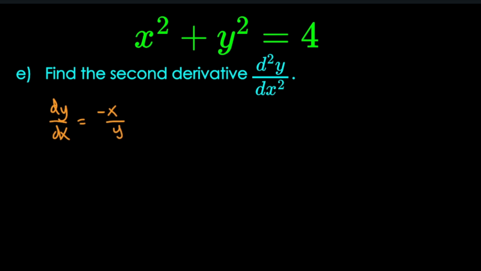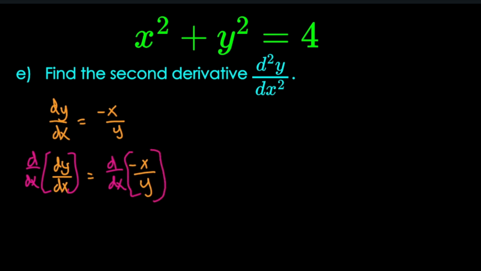And so now, to take the derivative of this again, we need to take the derivative of both sides with respect to x. The left side is what we write as the second derivative of y with respect to x twice. But on the right side, we have some work to do. Now, since we're taking the derivative of a quotient, we have to use the quotient rule.